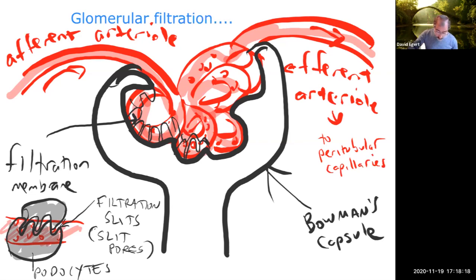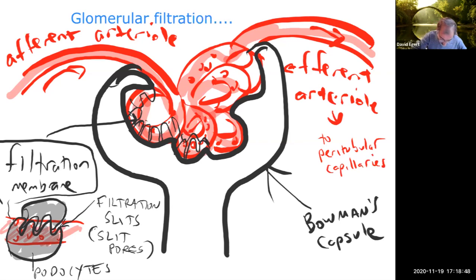So between the pores of the fenestrated capillary and these filtration slits from these little cells that are actually from the tubule itself, glomming around the capillary, that's going to create this filtration membrane, which, if it's functioning properly, is going to allow water and small solutes to go through.